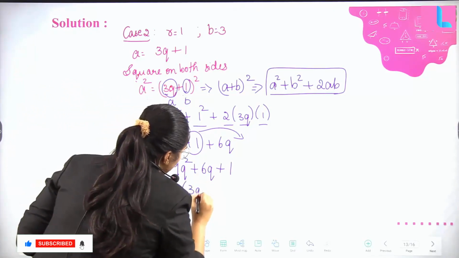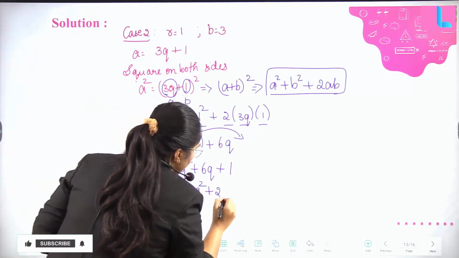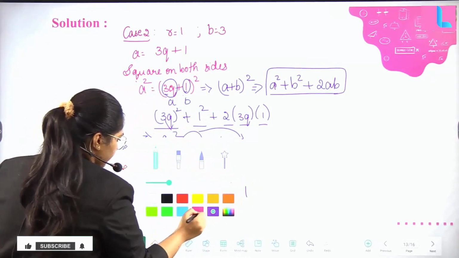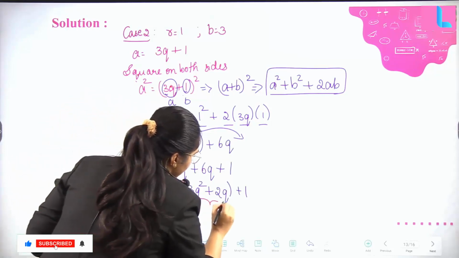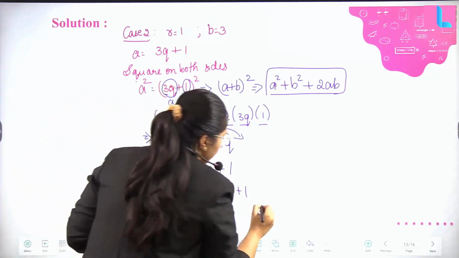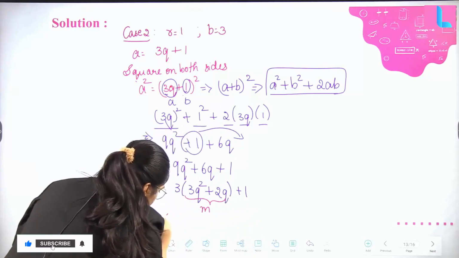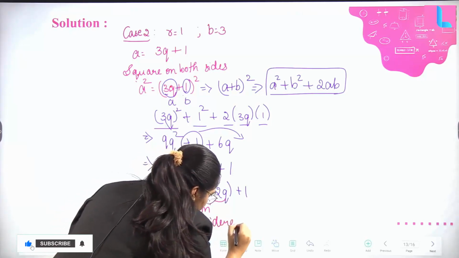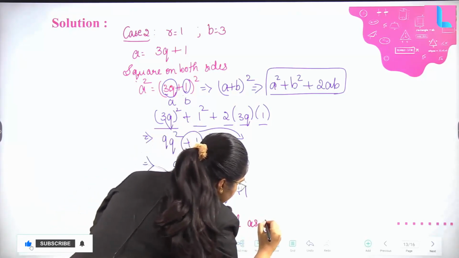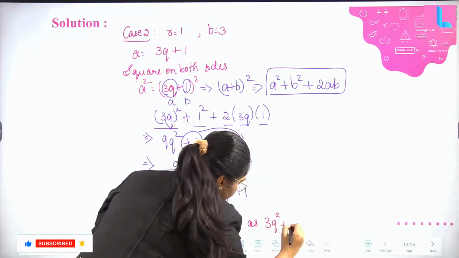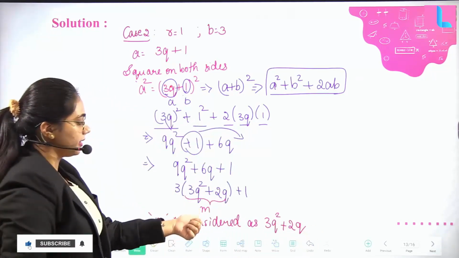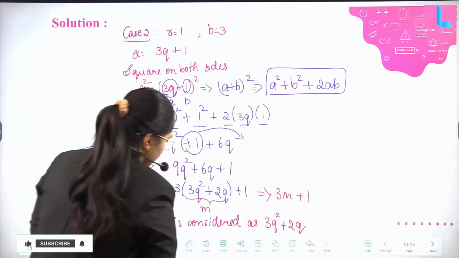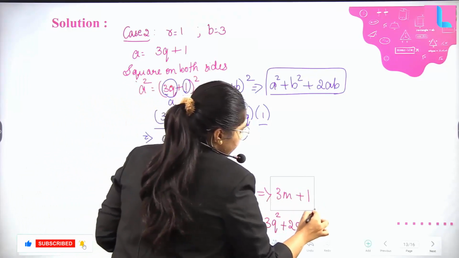So 3 times is common, 3q square plus 2q, plus 1. See, this whole thing is considered as m. So we can rewrite this as 3m plus 1.